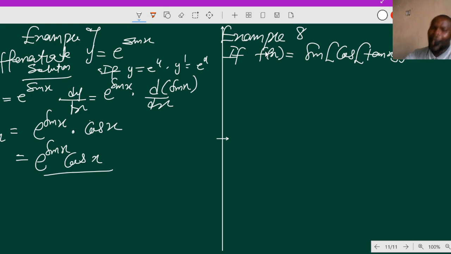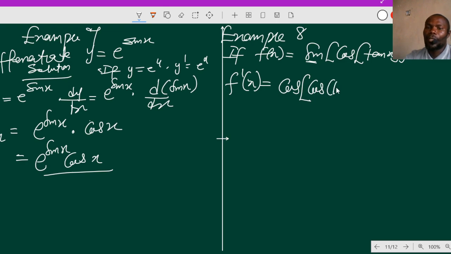In example 8, this is a little bit complex, but I will explain it so you're able to get it clearer. Now what you want to do here is get f prime of x. If you differentiate the outer sine, it gives you cos, so you write cos of tan x dot the derivative of tan x with respect to x.